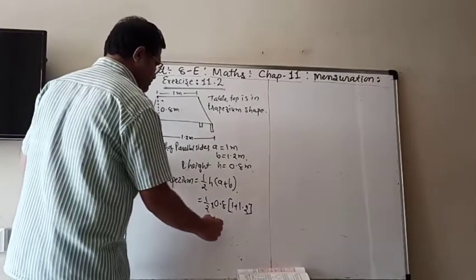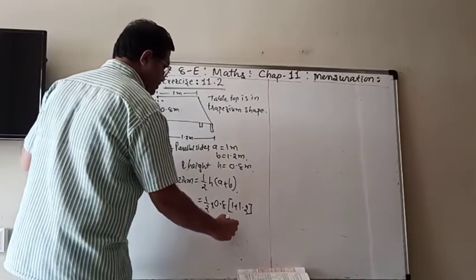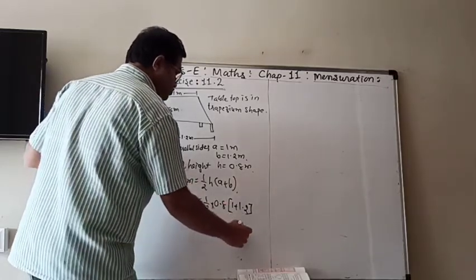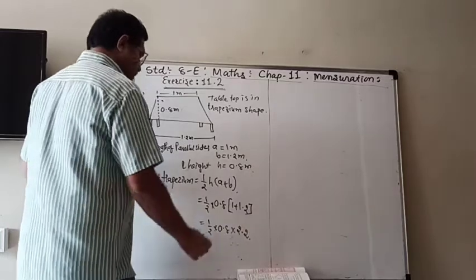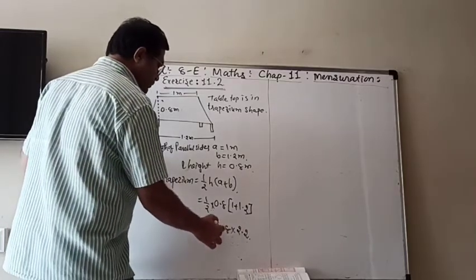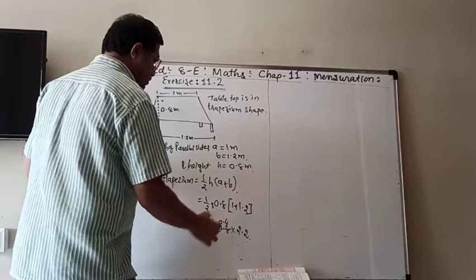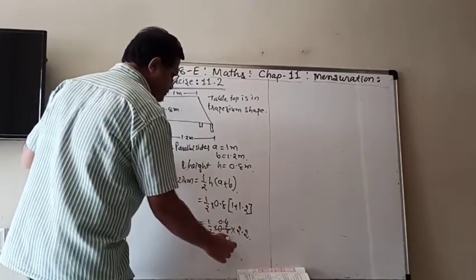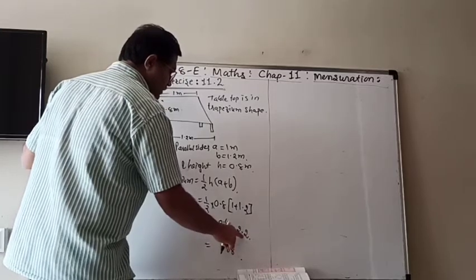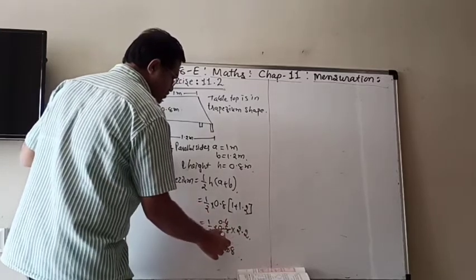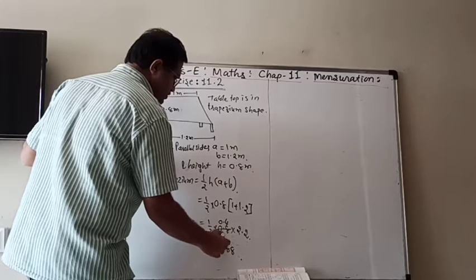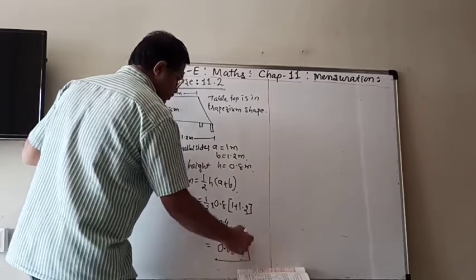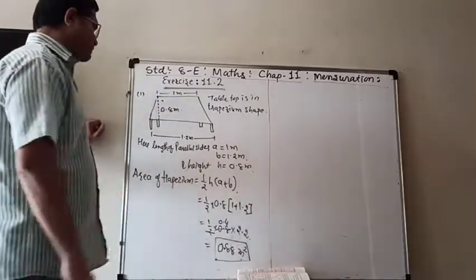So half into 0.8 into 2.2. Now 2 fours are 8, but it is 0.8, so we put 0.4. Now 22 fours are 88. But here one decimal, here also one decimal, so it will be 2 decimal places. So 0.88 meters square.